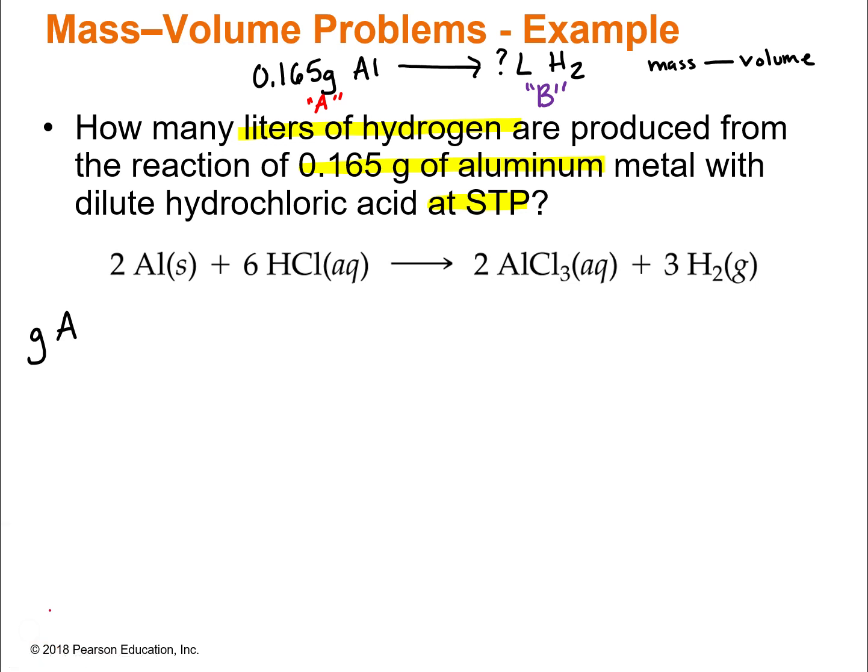Starting with grams of A, we get to moles of A. You need the molar mass. You need to get to moles of B. You need the mole ratio. Still B over A.